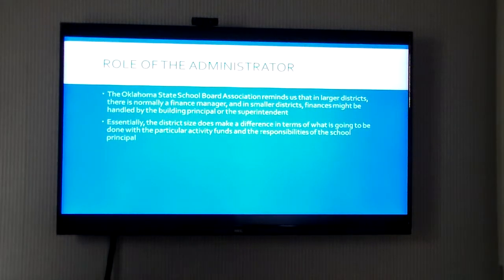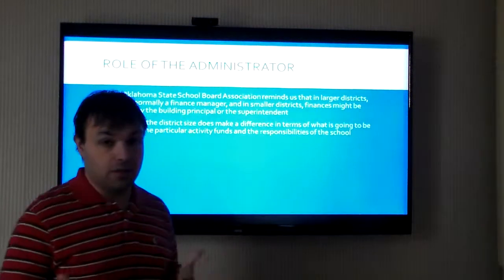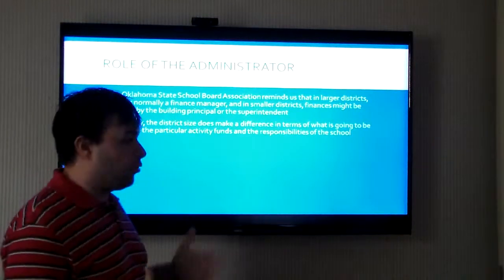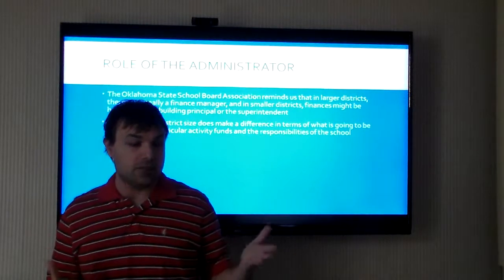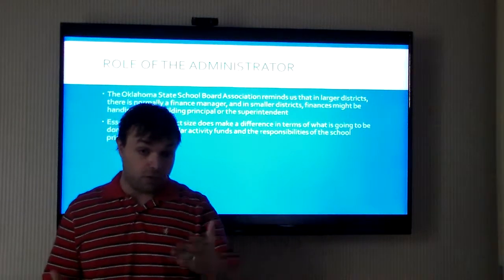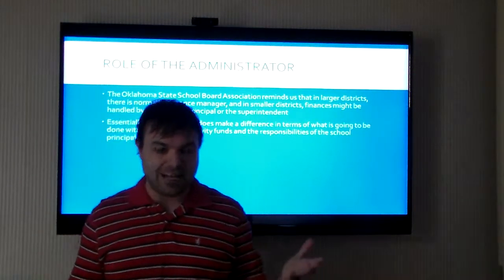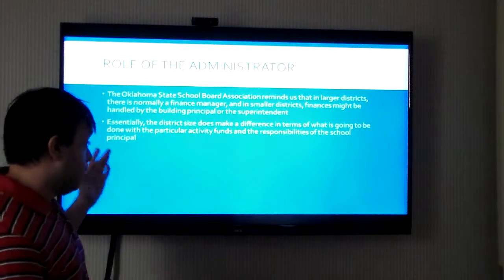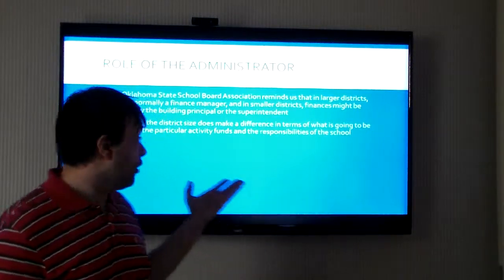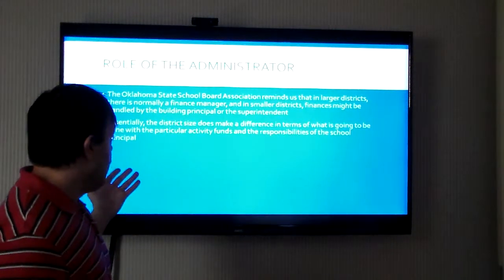So one of the things that I think is worth noting is that in larger school districts, there should be and there can be a finance manager that's in charge of handling these things. Your smaller districts, and as you know from the context in this state, there's a lot of smaller districts throughout the state, meaning that the building principal or the superintendent essentially is the finance manager.